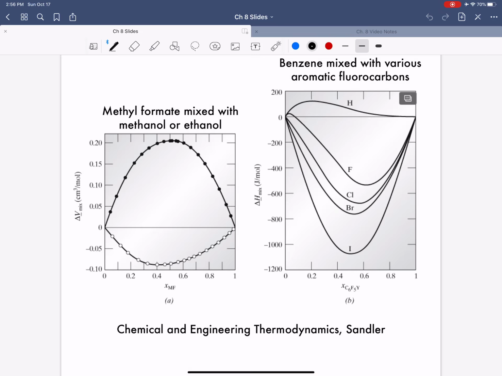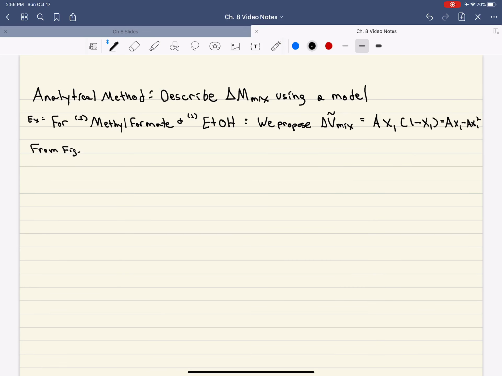And so if we take a look at the figure again, from the figure we see that delta V mix at x1 equal to 0.5 corresponds to a value of about 0.2 centimeter cubed per mole, which from our model would mean this.